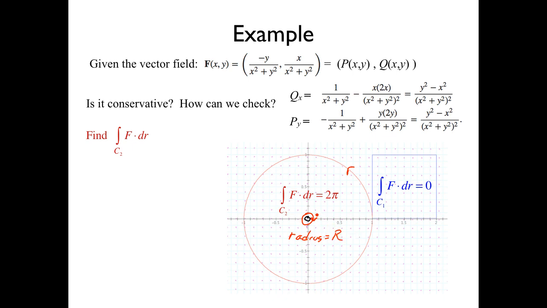If I were to parameterize a little circle with radius r centered at the origin, we'll call this C2 outer, and now we have a C2 inner. How do I parameterize C2 inner?